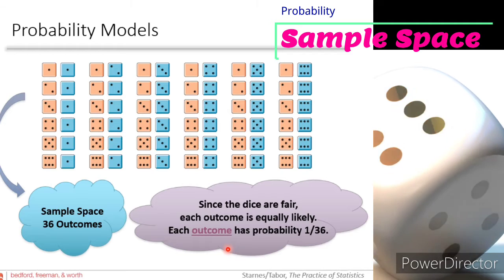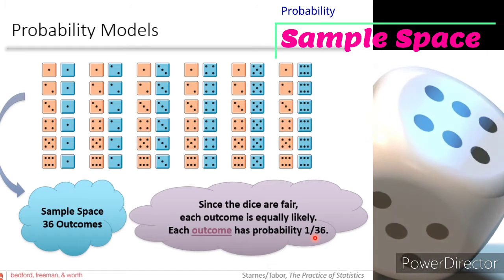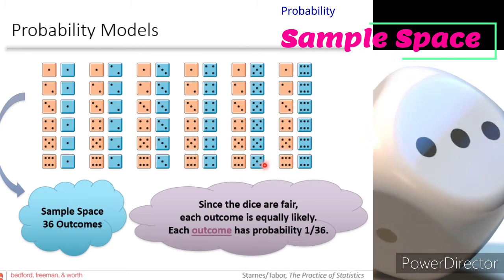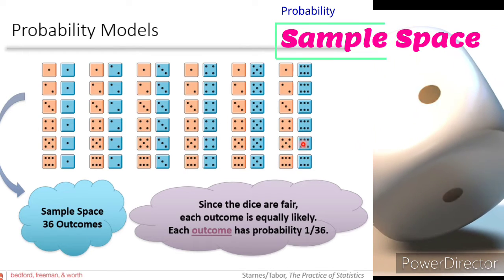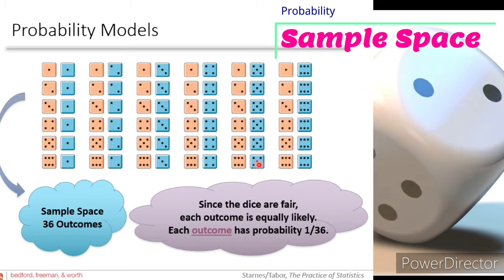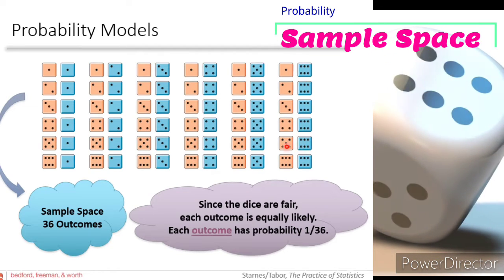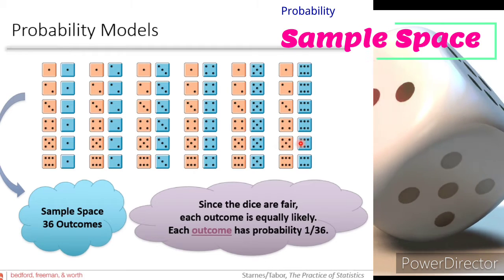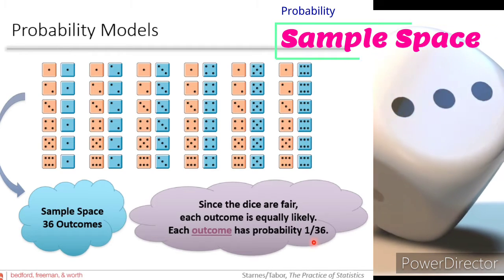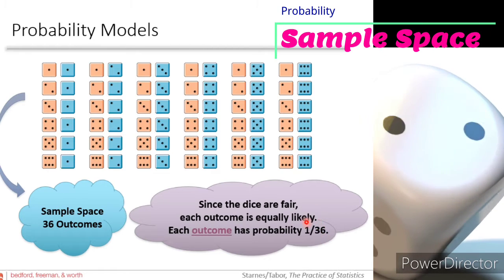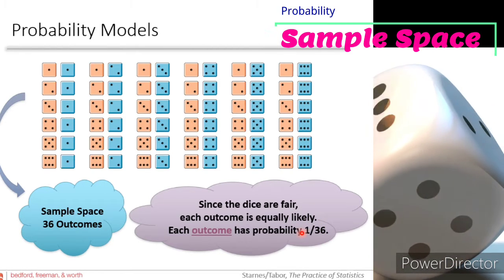Each outcome has probability of 1/36. So, lahat ng ito ay pwedeng mangyari isang beses lang. Pwedeng lumabas ng isang beses. Maalin dyan. And the probability of getting this event is 1/36. So, yung 36, ito yung total outcome. Ito yung 1, ito yung nangyari sa'yo when you roll a die.